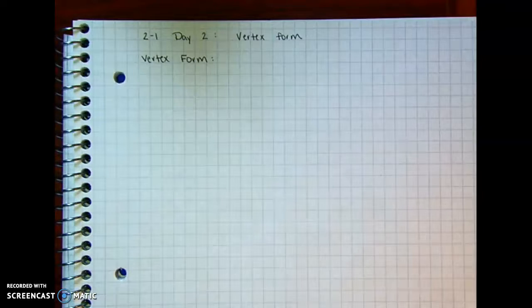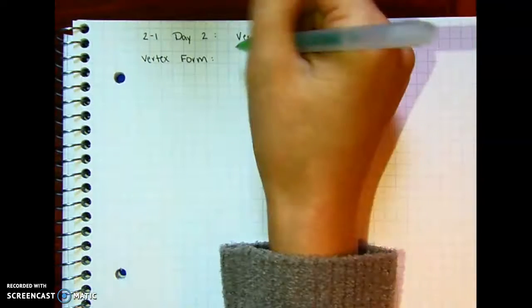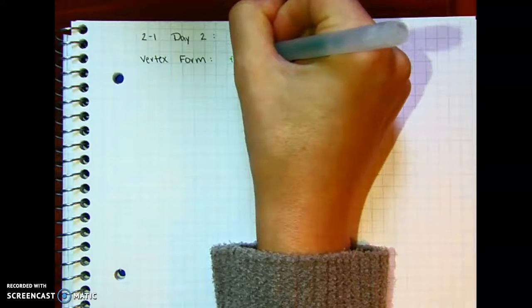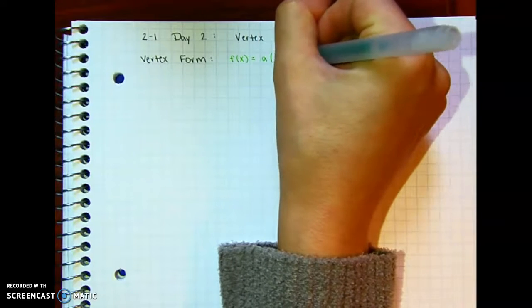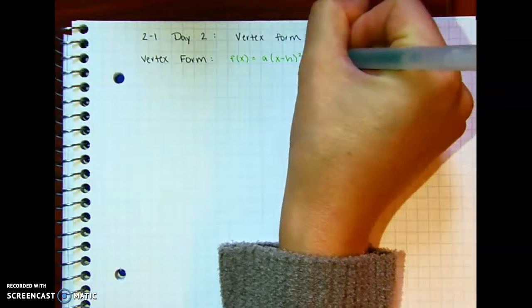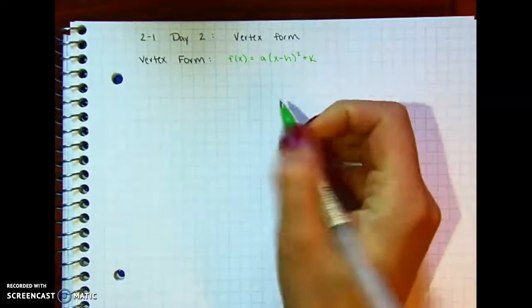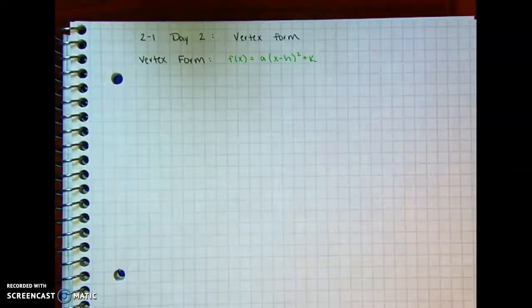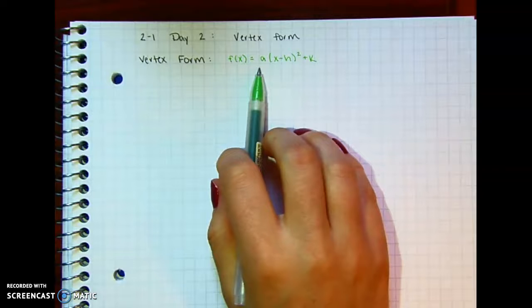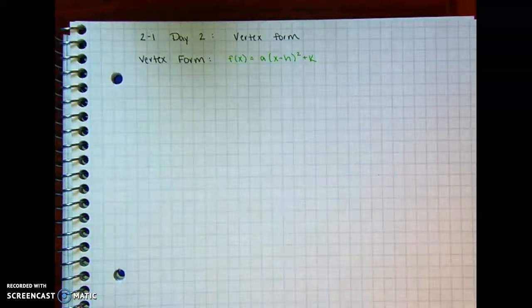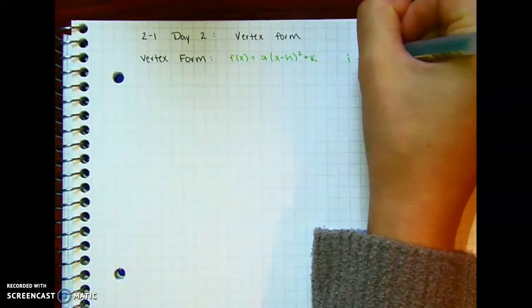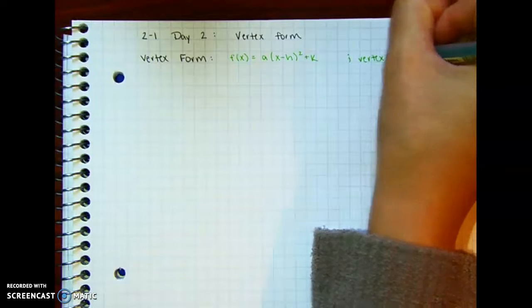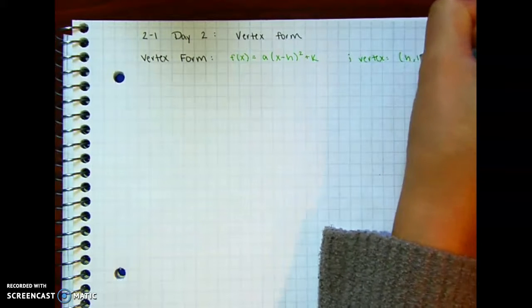Vertex form is f of x equals a times (x minus h) squared plus k. We don't really have to worry about b. Everything can be written as a vertical dilation. And this is vertex form because it gives us the vertex, which is (h, k).